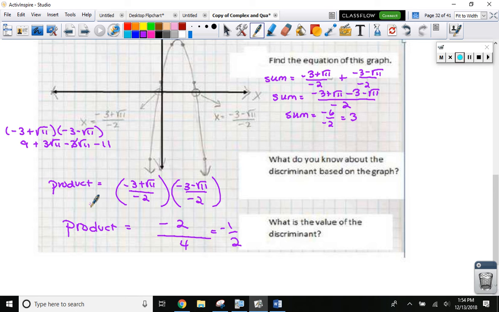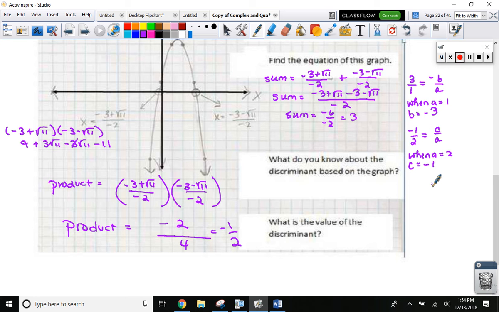Okay. So then I know my sum is 3 over 1, which would equal what? -b over a. So when a equals 1, b is going to equal what? -3. And I know my product is -1 over 2, and that equals c over a. So when a equals 2, c is going to equal -1. What's my issue?